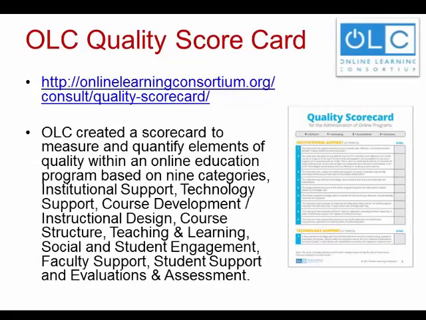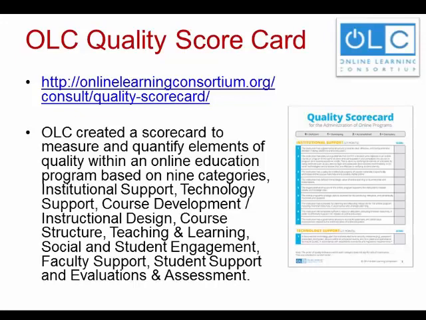If you're not already familiar with the Online Learning Consortium, I would love to introduce you to it. It used to be called Sloan Consortium, but they did a name change maybe a couple of years ago, and they actually have a couple of rubrics coming out of it.